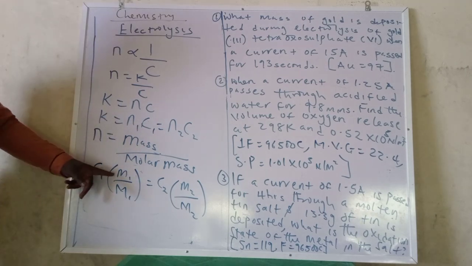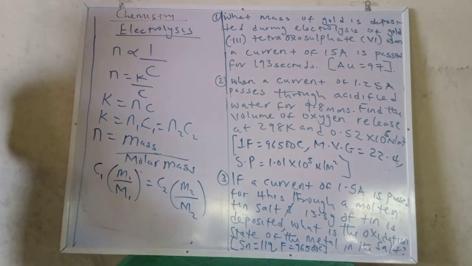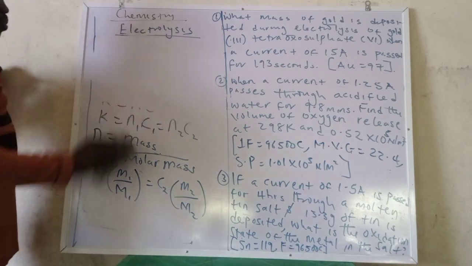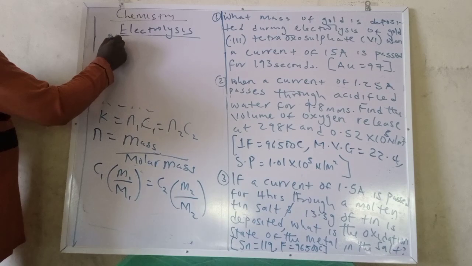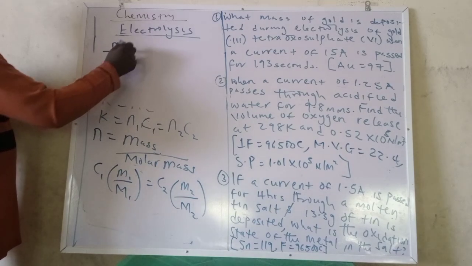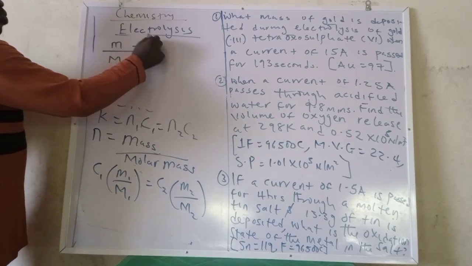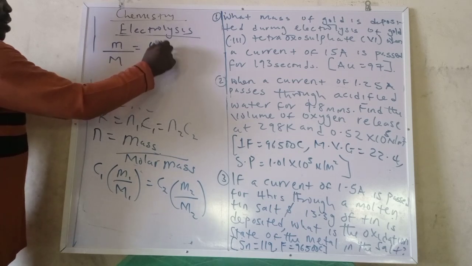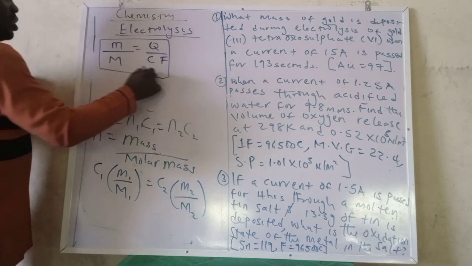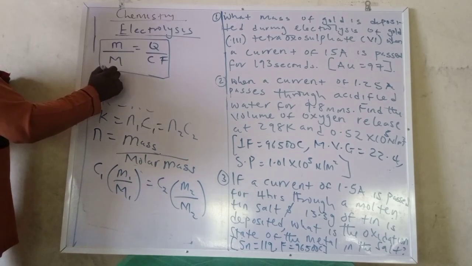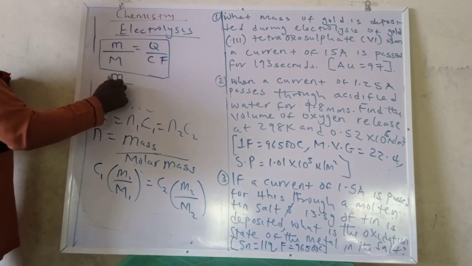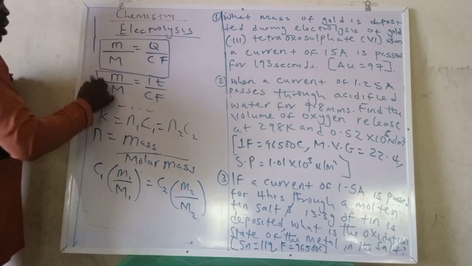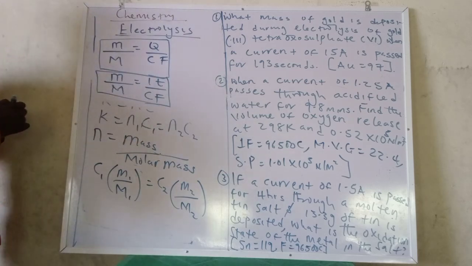Now, the final formula we like to bring out from here, which is very pivotal, is N, mass over molar mass, equals quantity over charge multiplied by Faraday. Please, students, put this in your head. Again, m equals M I T over C F. Another one you need to commit to your memory.